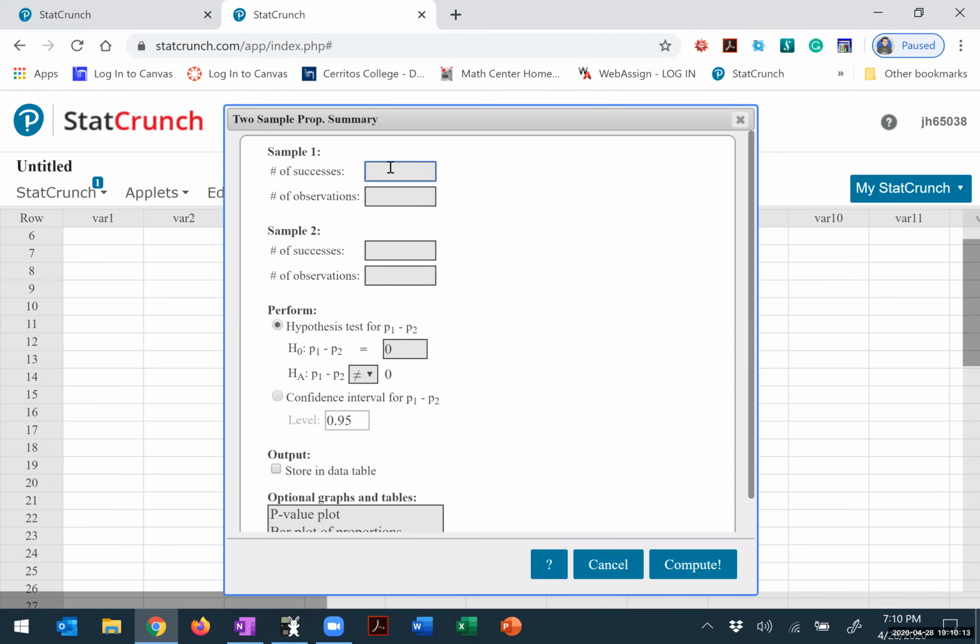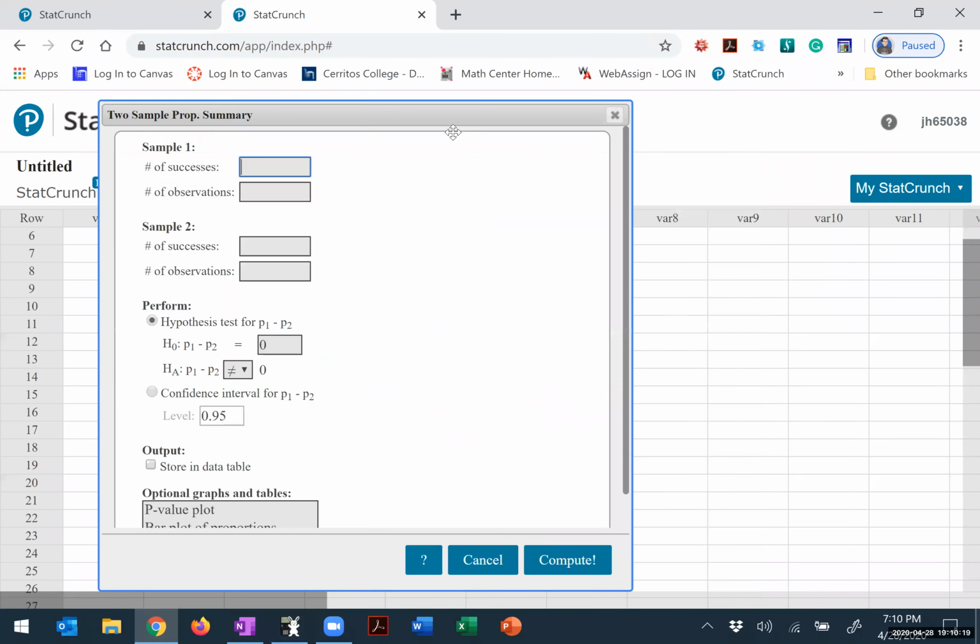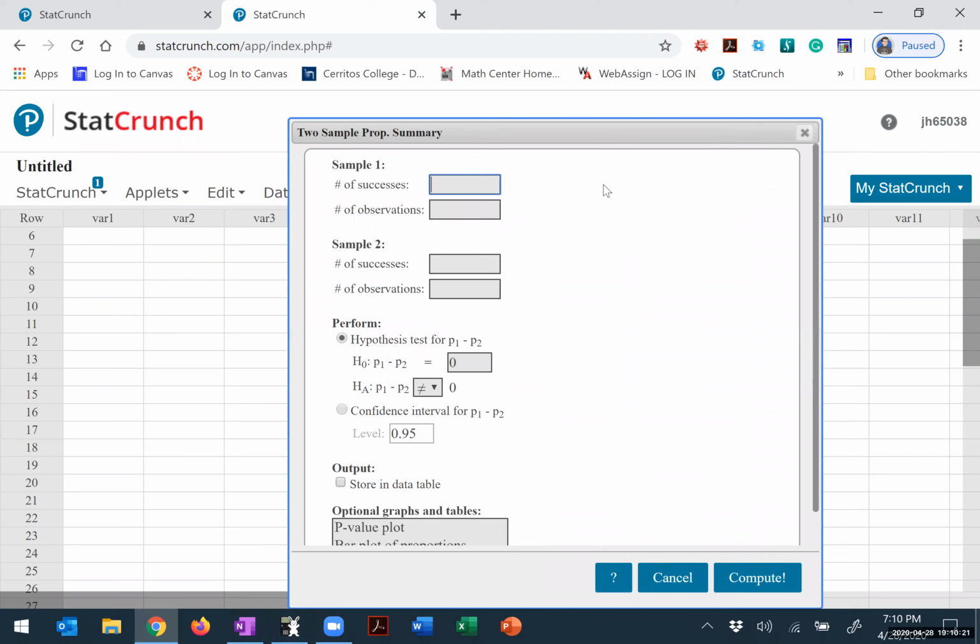This time we're going to compare men to women. The number of men who liked vanilla was 27 out of 42. The number of women who liked it was 28 out of 54.